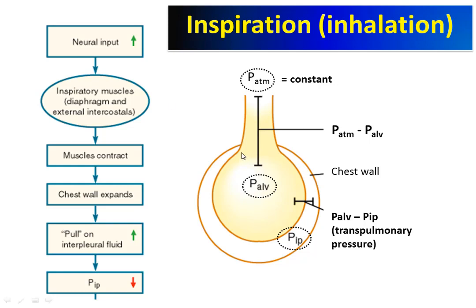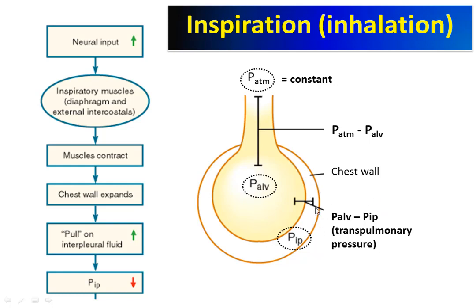So the alveoli expand, because the transpulmonary pressure, which is the driving force for expansion, has increased from positive 5 millimeters of mercury to positive 8 millimeters of mercury, or from positive 5 centimeters of water to positive 8 centimeters of water. So alveoli expand because the transpulmonary pressure has increased, and it is the driving force for alveolar expansion.